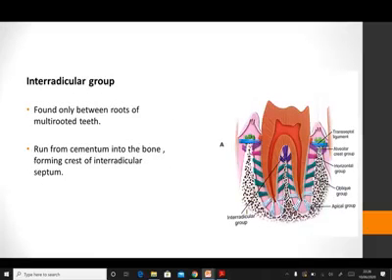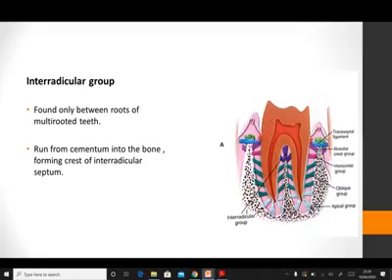Then the last type of the principal fiber groups present within the periodontal ligament are the interradicular group. The fifth type is the interradicular group. As the name says, they're only present in the multi-rooted tooth, where we have the interradicular region. Obviously multi-rooted tooth होंगे तो interradicular region होगा, एक से ज़्यादा root होगी तो interradicular region होगा.